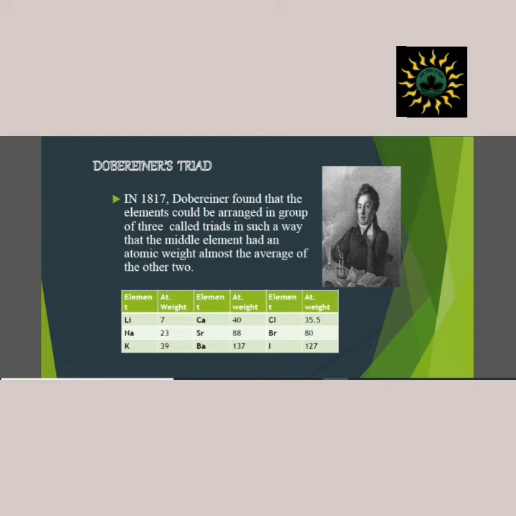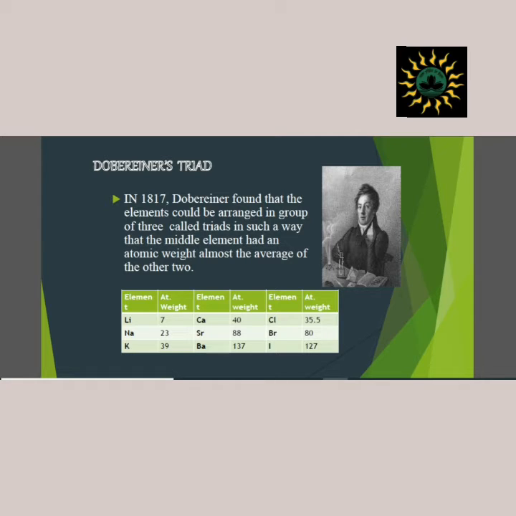So he related these three triad elements with their physical and chemical properties through atomic mass. If you take the average of the atomic masses of the first and third elements, you get the atomic mass of the second element.